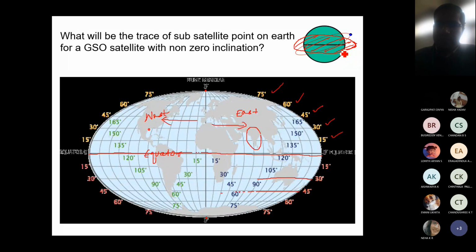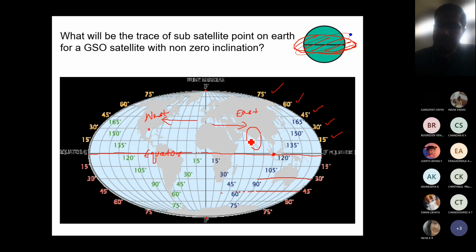The orbit has 0 degree inclination angle with the 0 degree latitude plane. So your satellite will be located here. Don't consider the satellite to be on the Earth surface. No, it is not on the Earth surface. It is at an altitude of 36,000 kilometers from the ground surface, but in the same plane as the equator.